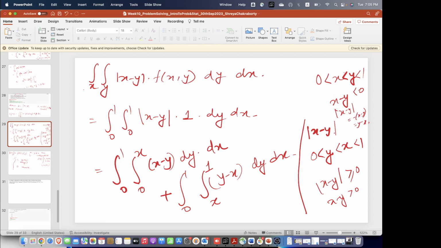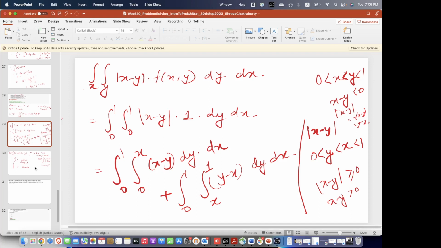So the modulus of a negative number is minus of that number. That is why when we take modulus, we land up at an absolute positive number. So if x minus y is less than 0, then mod of x minus y would be minus of x minus y, that is y minus x. So that's how we have kept it over here.